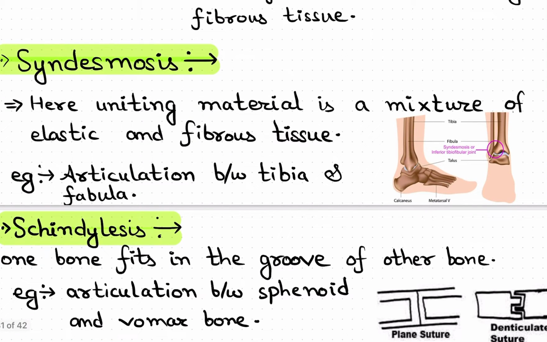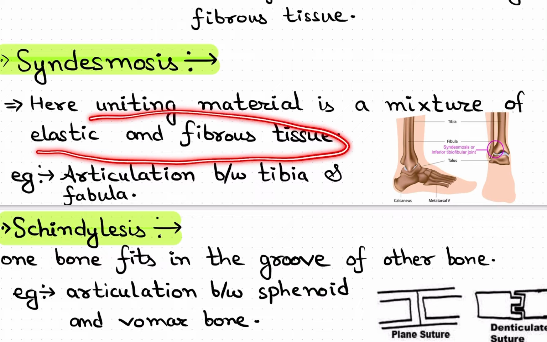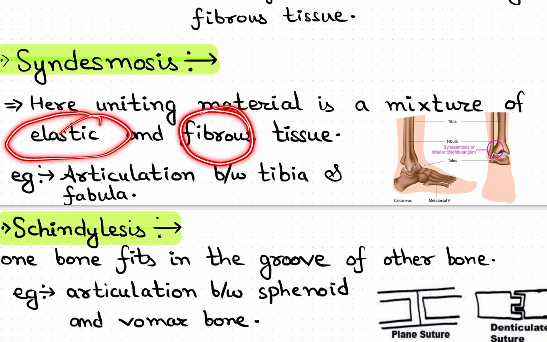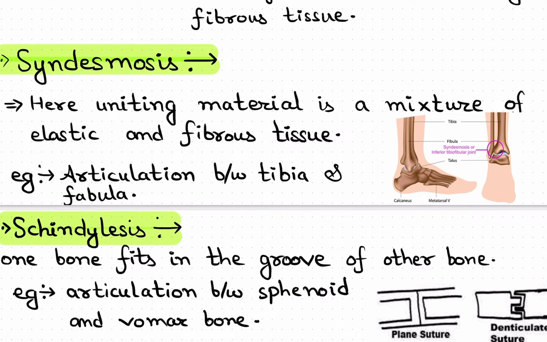Now let us learn about syndesmosis. In syndesmosis, the uniting material is a mixture of elastic and fibrous tissues. So in syndesmosis, you will find both elastic tissue as well as fibrous tissue.